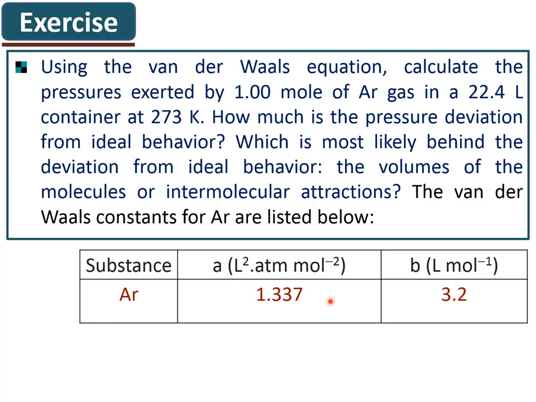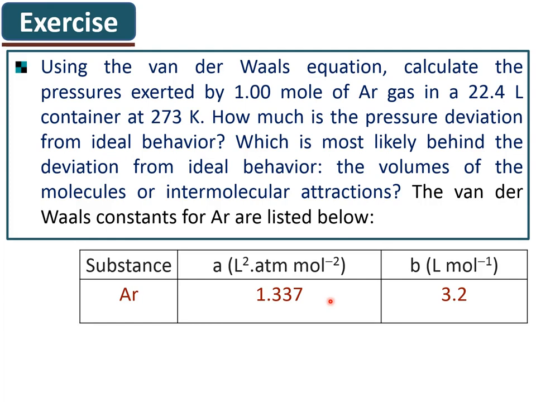Because I said P observed equals this plus or minus A N over V squared. So what is the unit of A times N over V squared as a whole? The unit is a pressure, because I subtracted it from the pressure.